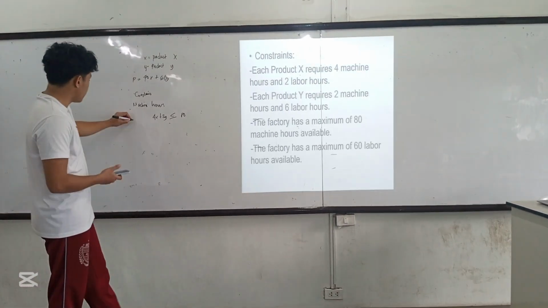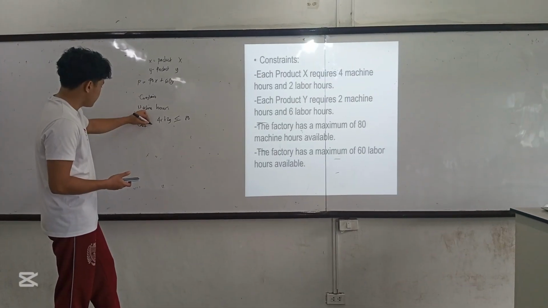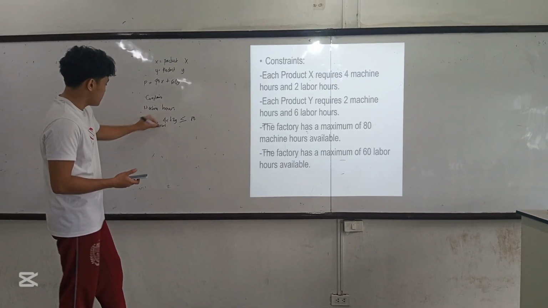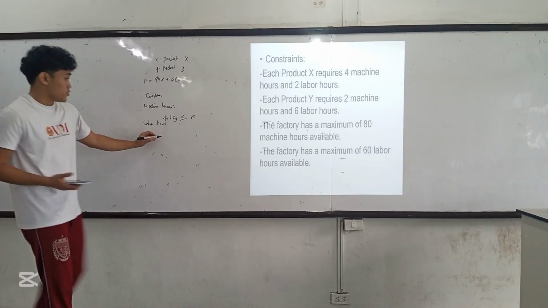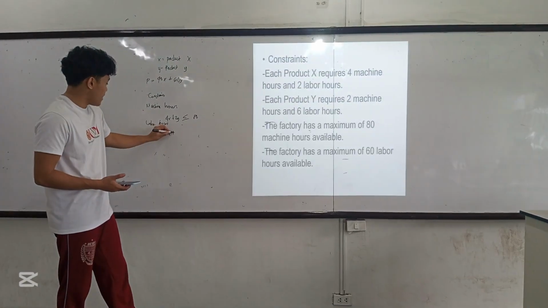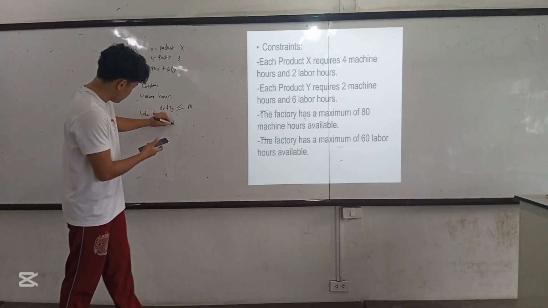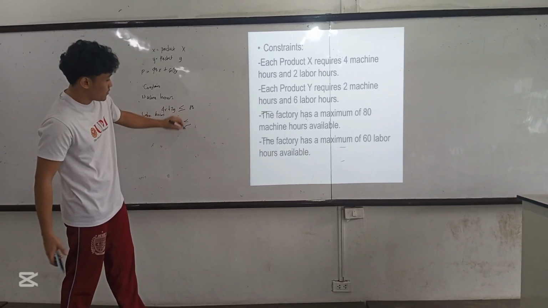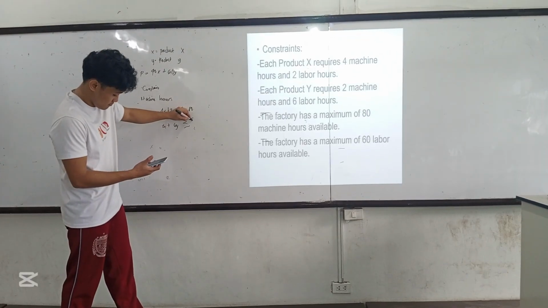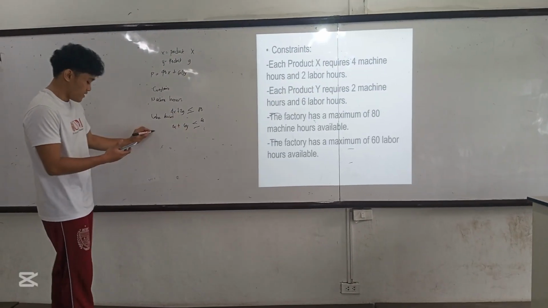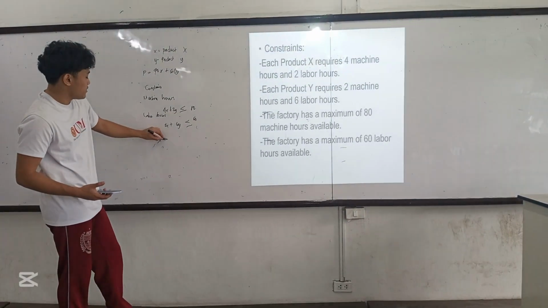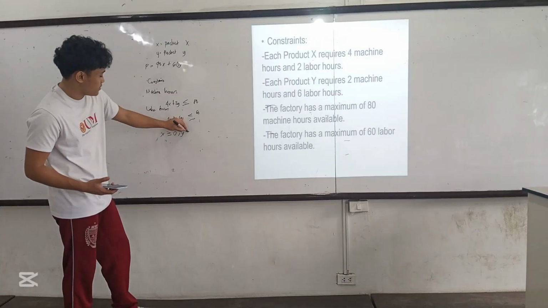For our labor hours, we have 2x plus 6y is less than or equal to 60. And for non-negativity, x is greater than or equal to 0 and y is greater than or equal to 0.